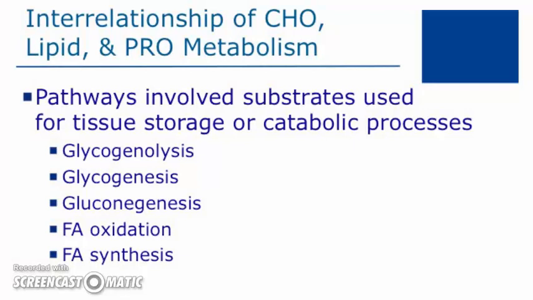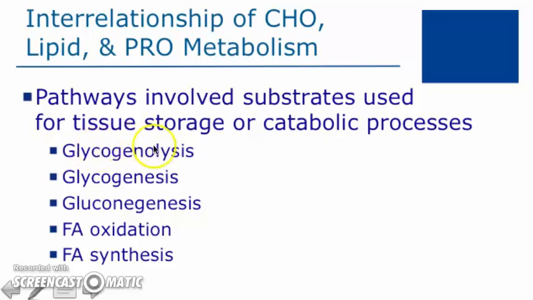These integrative pathways also involve substrate used for either tissue storage or catabolic processes. So we can see these different processes, and they can either be categorized as tissue storage processes or catabolic processes.